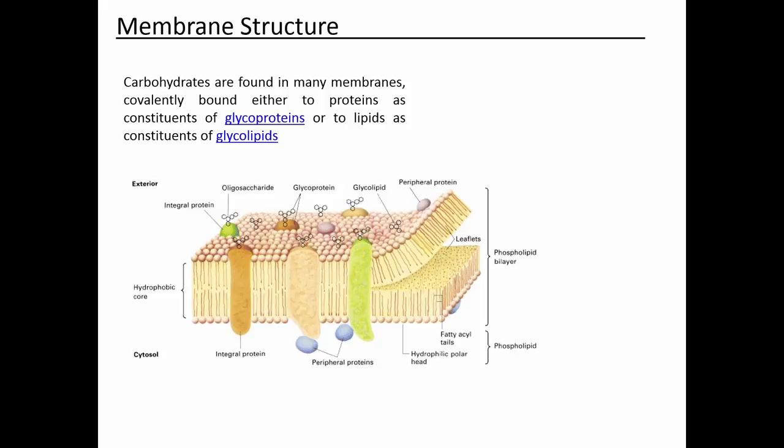So when you hear the word glyco, that's referring to the carbohydrate that's attached to either of those molecules. Some of the lipids within membranes have carbohydrate groups attached to them, and also some of the proteins that are embedded within the membrane also have carbohydrate groups attached to them.